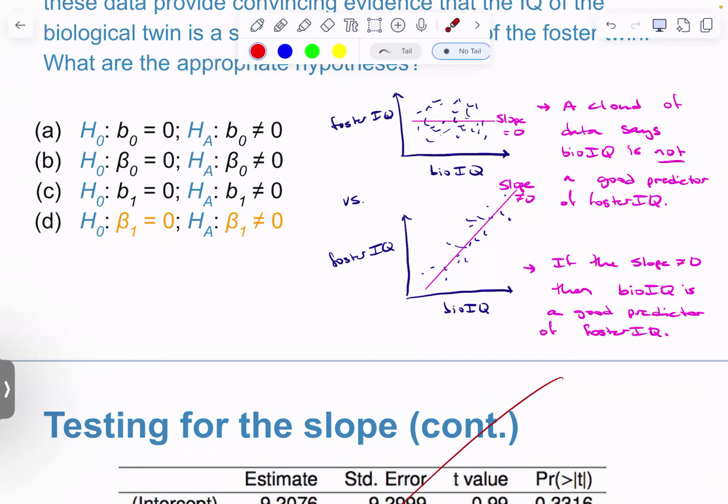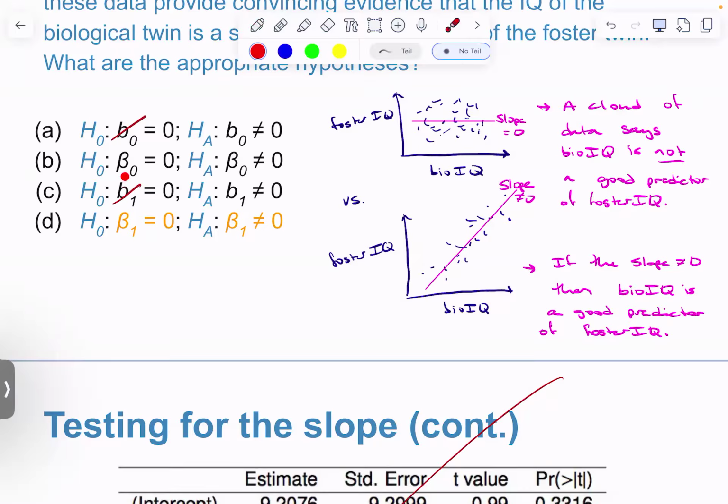But what you're really trying to figure out is, what does the population look like? So first strike here, both A and C are out as options for my null and alternative hypotheses because they're just about b0 and b1, but that's from my sample. I can just find those, right? I know if it's 0 or not.